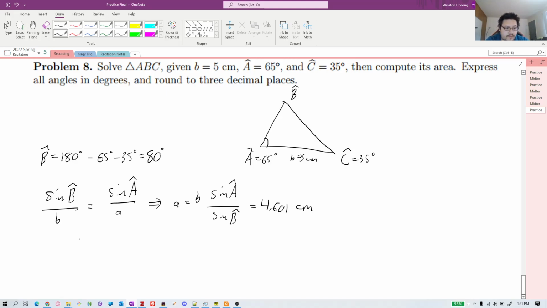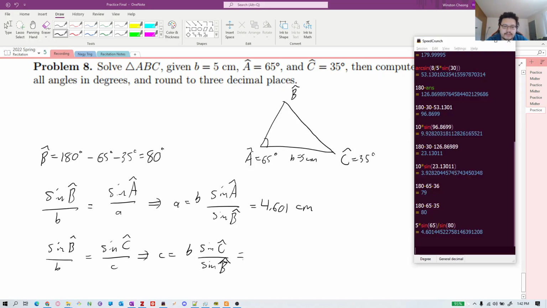Okay, we can then also solve for C. So again, I would rather use sine of B over B is equal to sine of C over C. And we're solving for the side length C, so we flip things around, and we get B sine of angle C over sine of angle B. And then we plug things in.